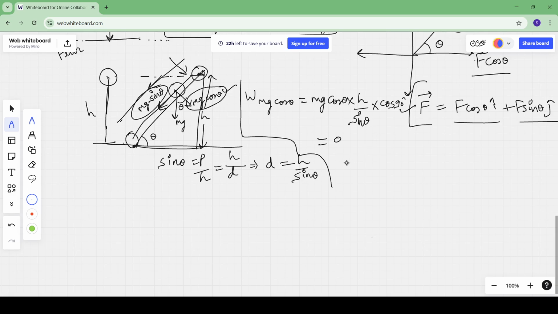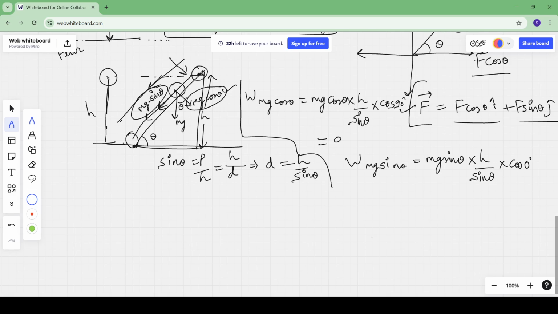For the second case, if I calculate for mg sine theta, what is the work done due to mg sine theta? In a similar way, I have to write the force, which is mg sine theta in this case, and the displacement, which I have already calculated: h over sine theta. And the angle between the two: the force is in this direction and the displacement is along the same direction, so cos of 0.